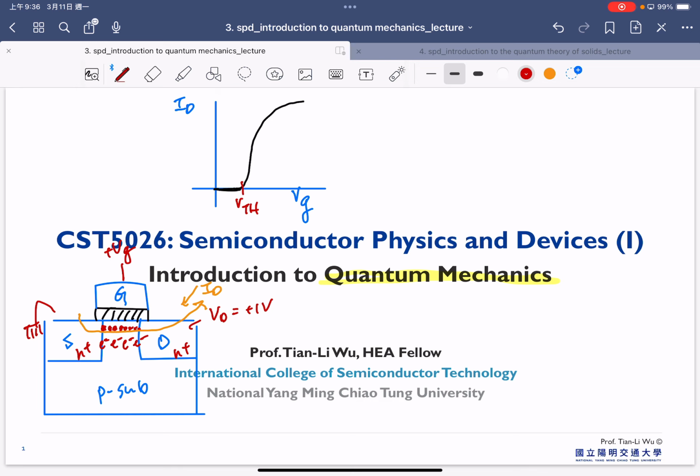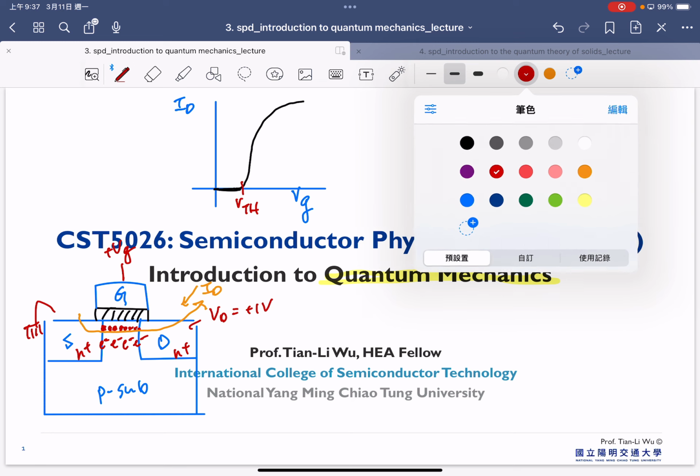But what I didn't mention before is that there is actually another possibility to have current.